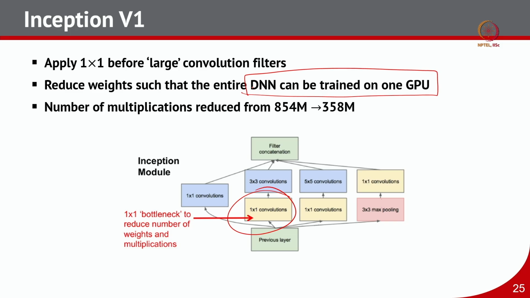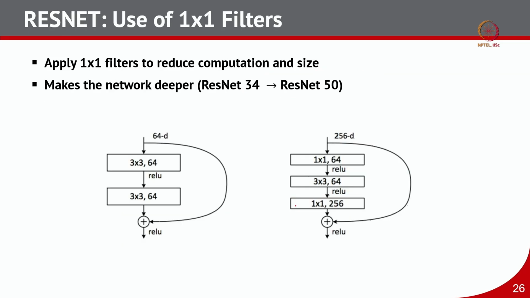Probably at a later point of time, when we discuss DNN training, we will see the importance of GPU during DNN training. Since they introduced this one by one convolution, the number of multiplications reduced from 854 million to 358 million.